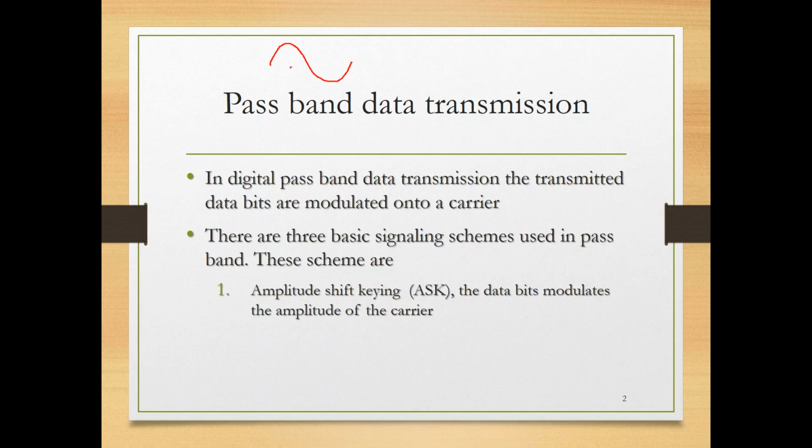So what are the things that I can change in this signal? Its amplitude, and its phase, meaning where it starts. For example, this is with phase 0, this is with phase pi/2, and so on.